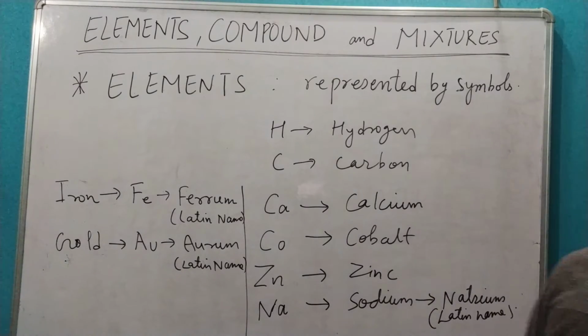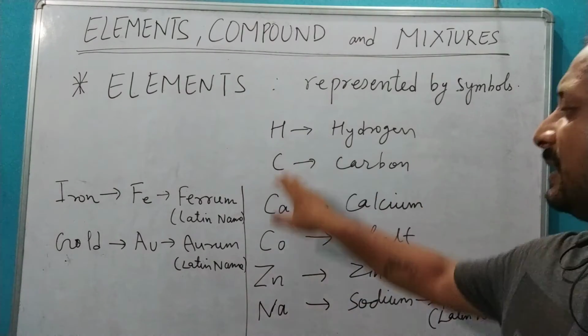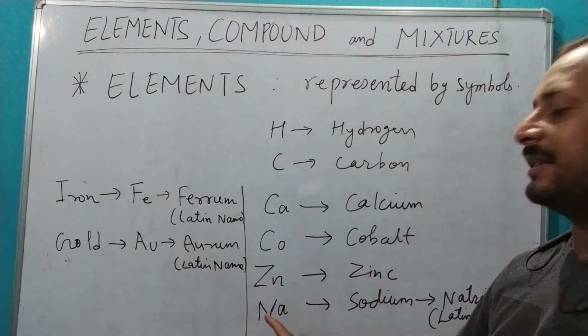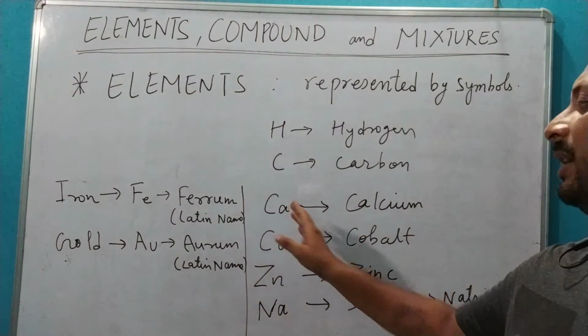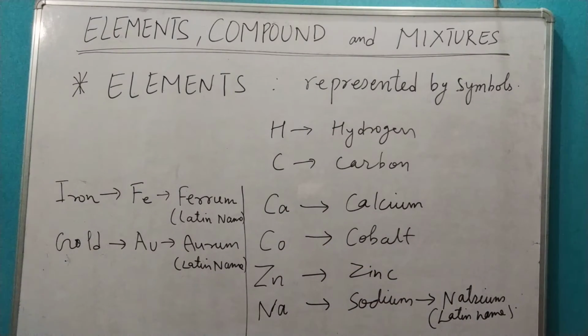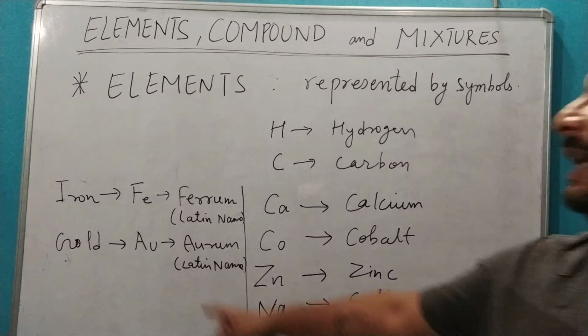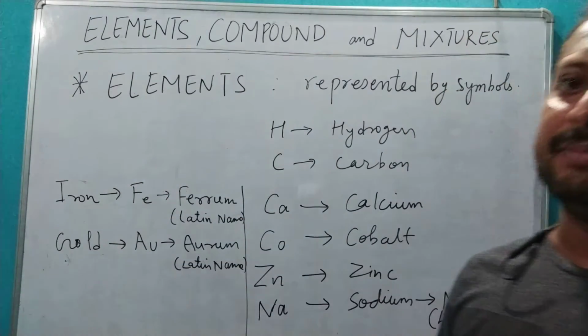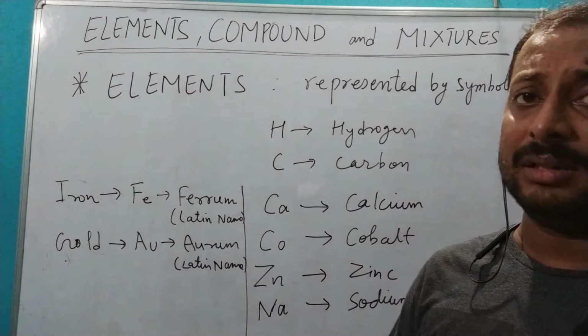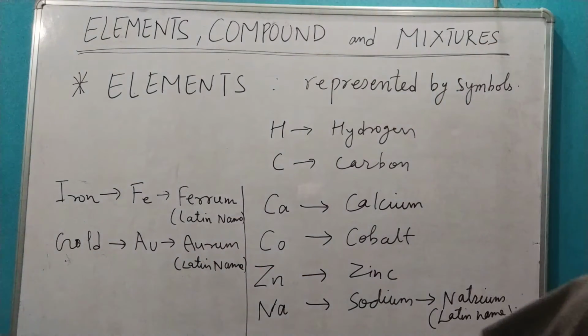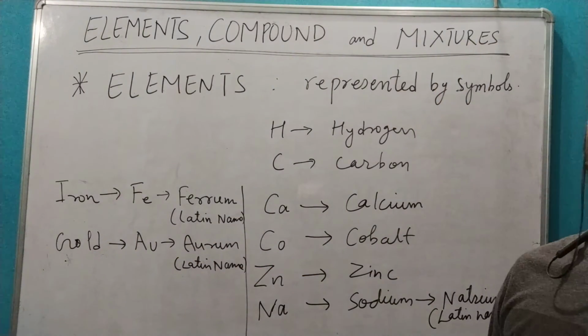So this has to be made clear: the first letter of any element's symbol is written as a capital and the second one as a small letter. Even if we are taking it from a Latin name, the first letter of the element's symbol is always written as a capital letter, and the second letter is written as a small letter.